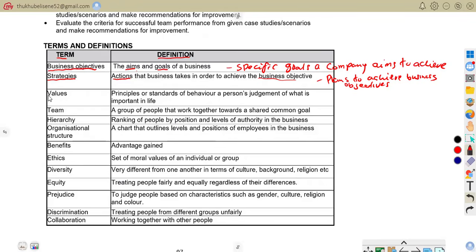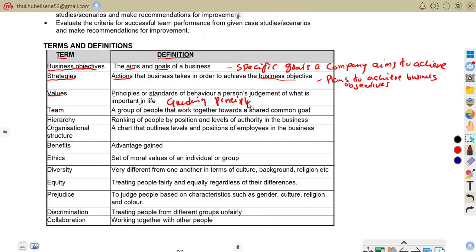Now moving on to values. The definition says principles or standards of behavior, a person's judgment of what is important in life. In short, when you're talking about values, you're talking about the guiding principles that shape behavior.